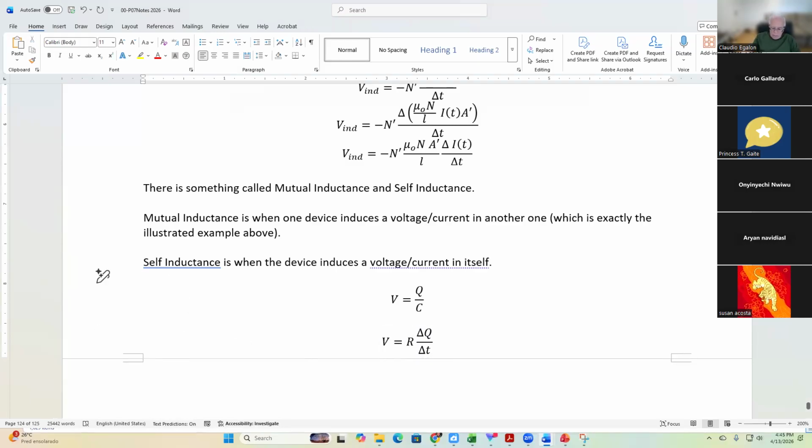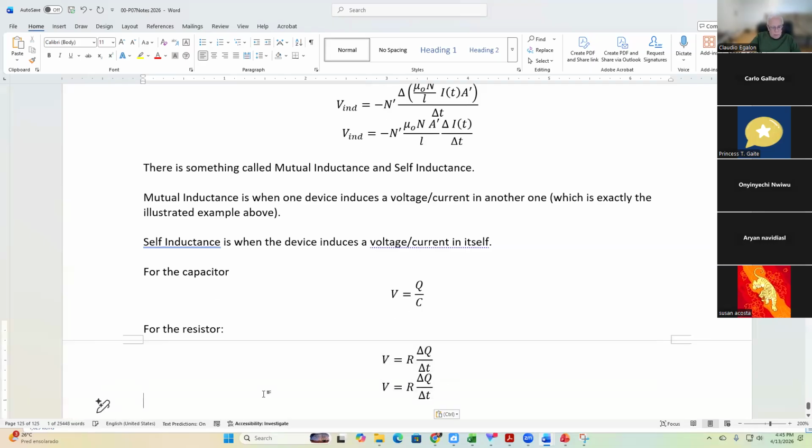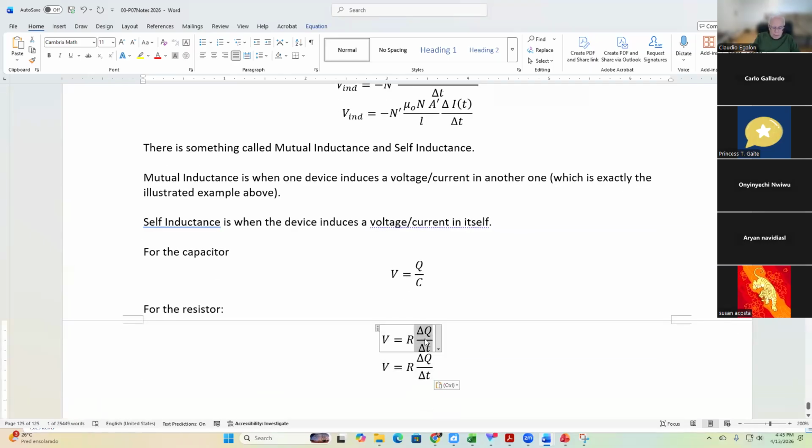For the capacitor, for the resistor, which by the way, Ri, and now we have something else that looks very familiar to what we are getting here.